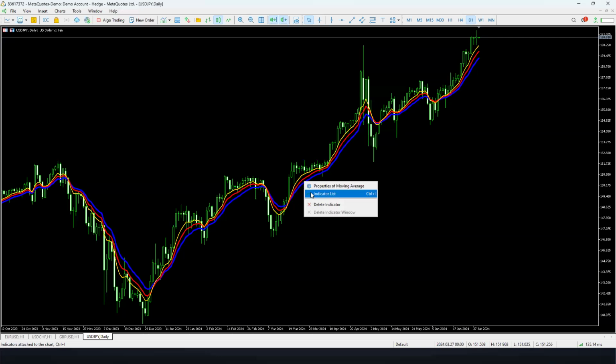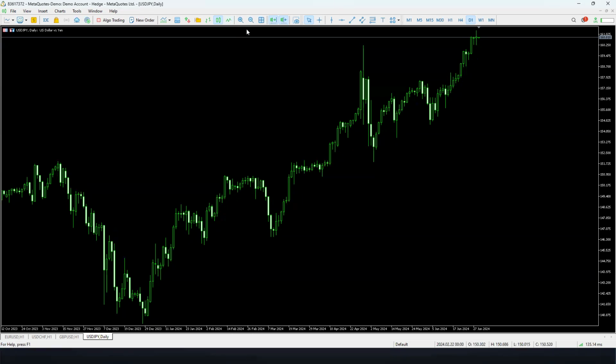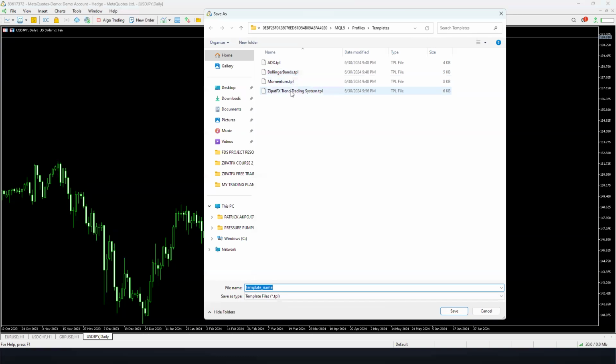Just take all the moving averages out, and then I say save this as a plain chart. I can save this and give it a name, say ZipatFX plain chart.